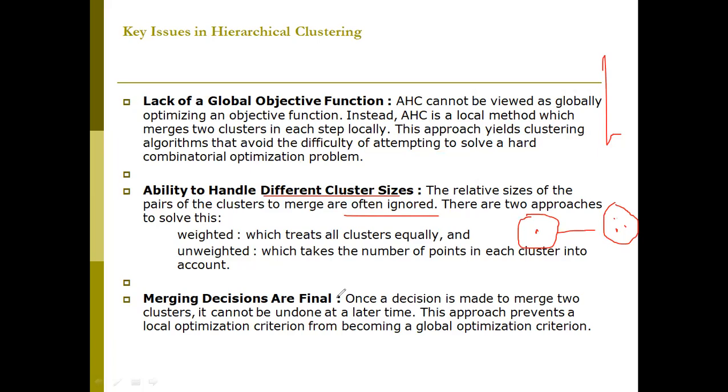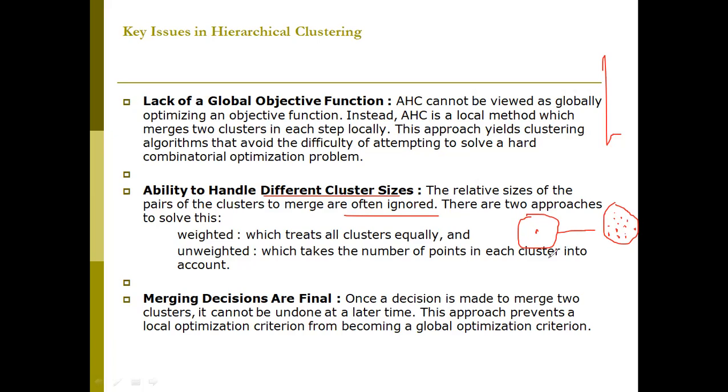One cluster may have multiple data points, but another cluster may have only one data point. Then also you need to combine these two to get a single cluster. That is the stopping criterion of our agglomerative hierarchical clustering, isn't it?